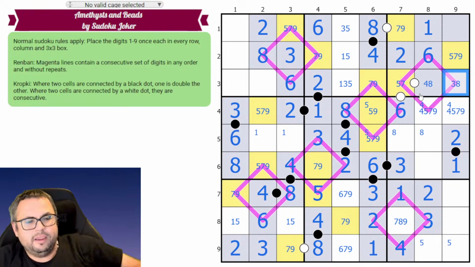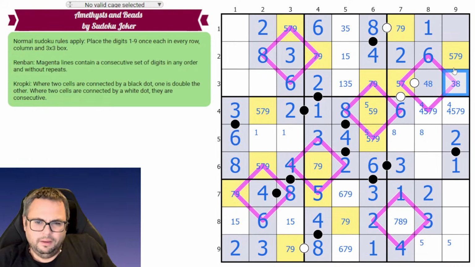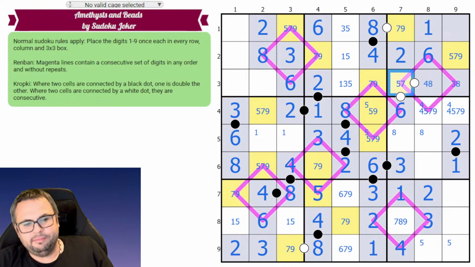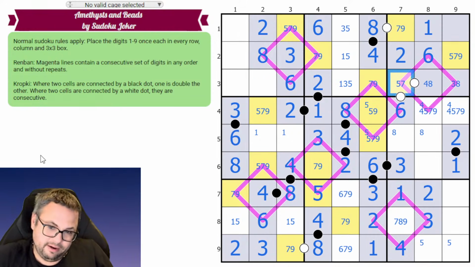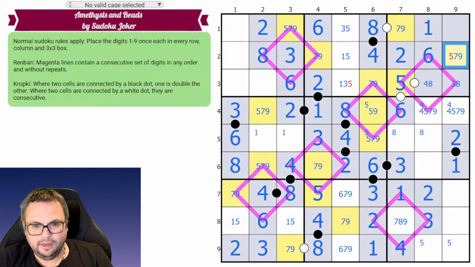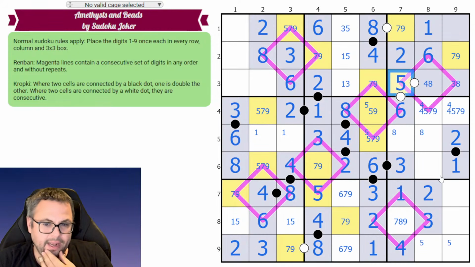I like that argument better from Emma, which is that regardless of which digit this is always a 5. That's much prettier to me. If this is an 8, it of course makes this a 5, but if this is a 3, it also makes that a 5 because of the Renban. So this is just always a 5.